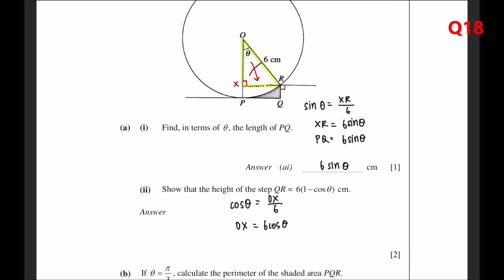If I want to find QR, which is also XP, I have QR equals 6 minus 6 cosine theta. Remember again, OP is the radius, therefore it is also 6 centimeters. Then take out the common factor 6, I have 1 minus cosine theta.